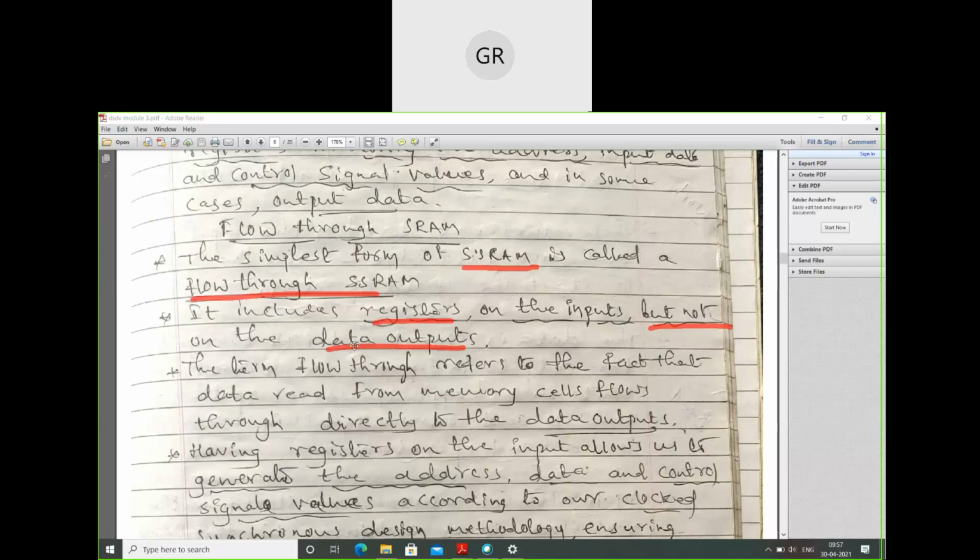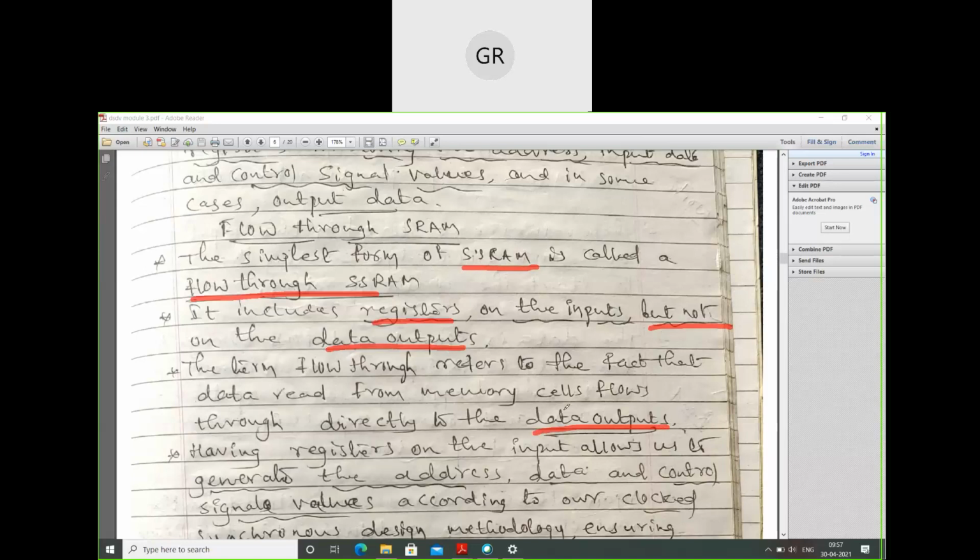The term flow refers to the fact that data read from the memory cell flows through directly to the data output. There is no tri-state driver here. In the asynchronous SRAM, we have tri-state drivers, and using those tri-state drivers we send the data to the data output.